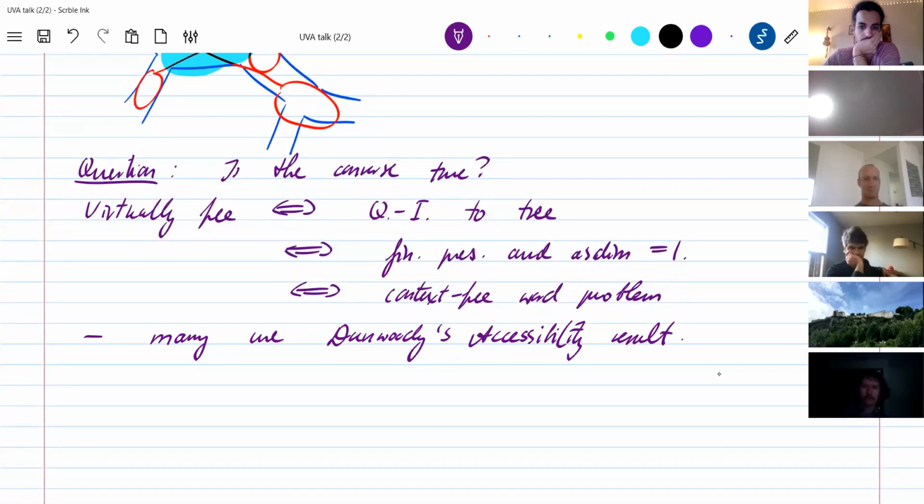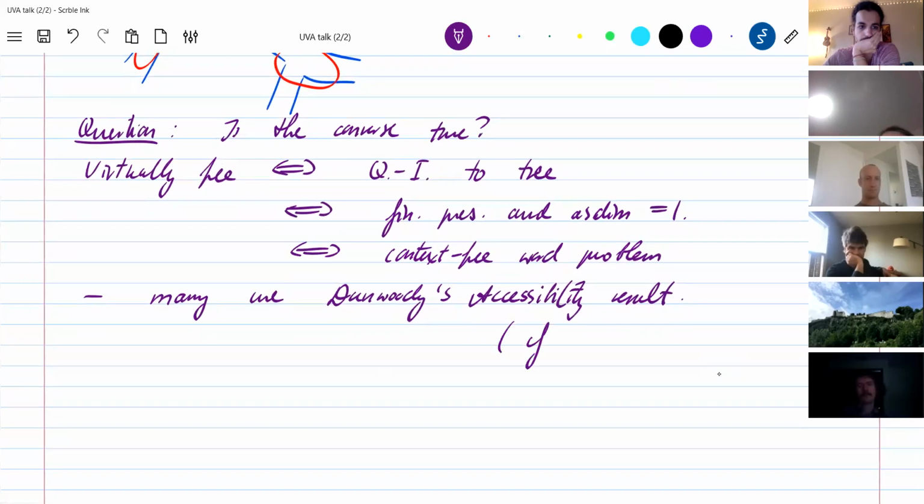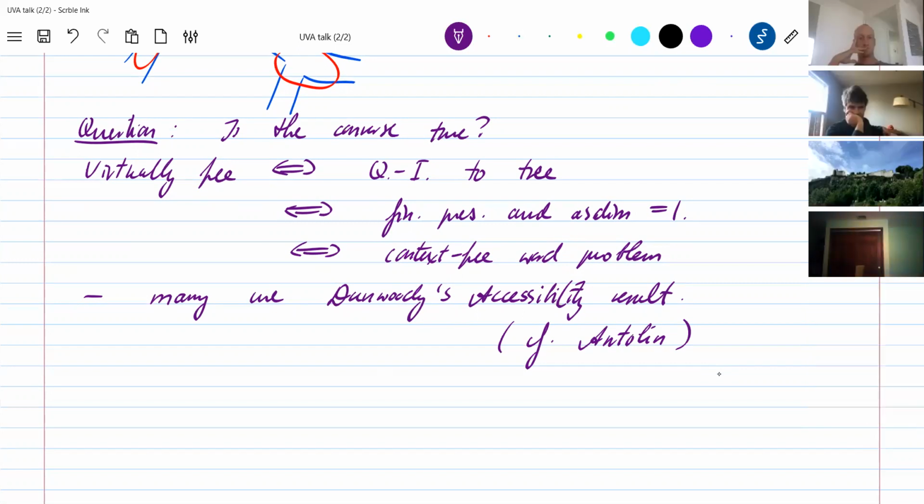And so, of course, it would be nice to find also characterizations which don't use this. Although I should probably say that Jago Antolin has a very nice paper which summarizes some of these characterizations and actually removes the Dunwoody's accessibility dependence from some of these results. So that's maybe something worth a look as well.